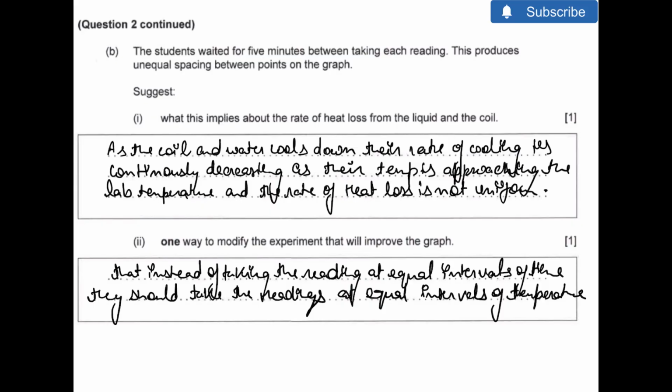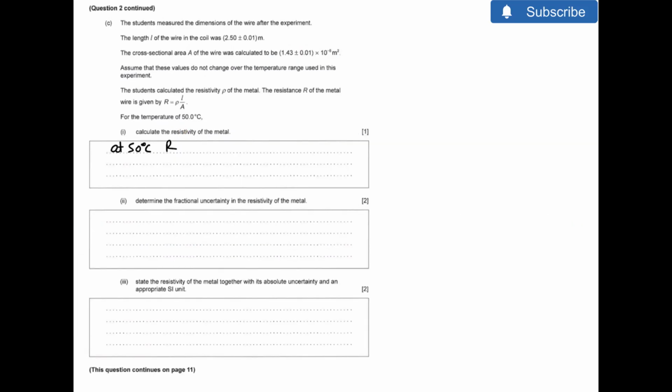So the value of R would be 3.56 ohms, and the value of L, the length of the coil, is 2.50, and the area of cross section is 1.43 times 10 to the power minus 8 meter square. So the value of rho will be equal to R A by L.